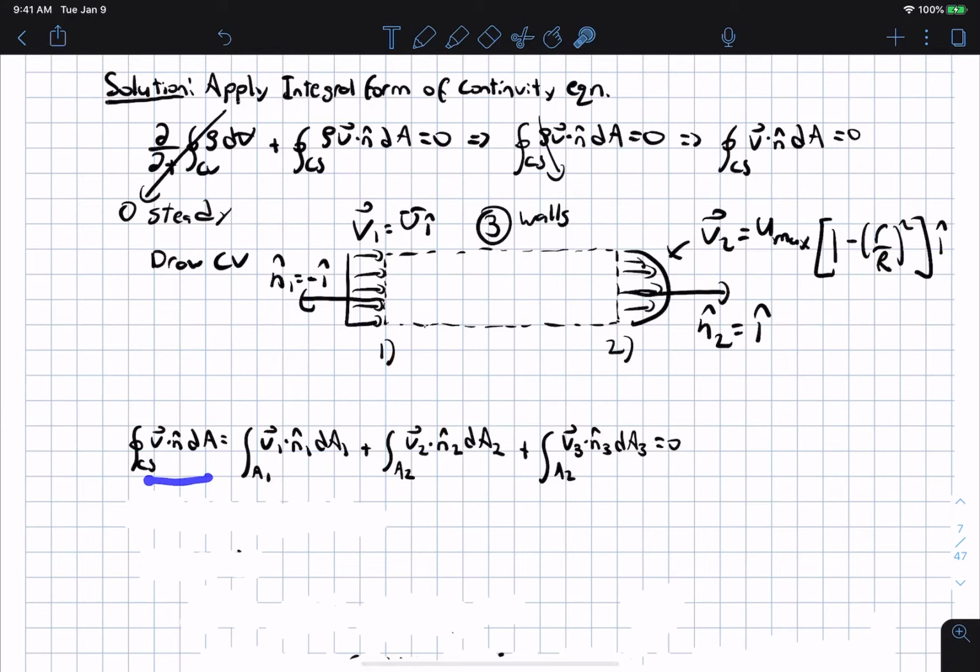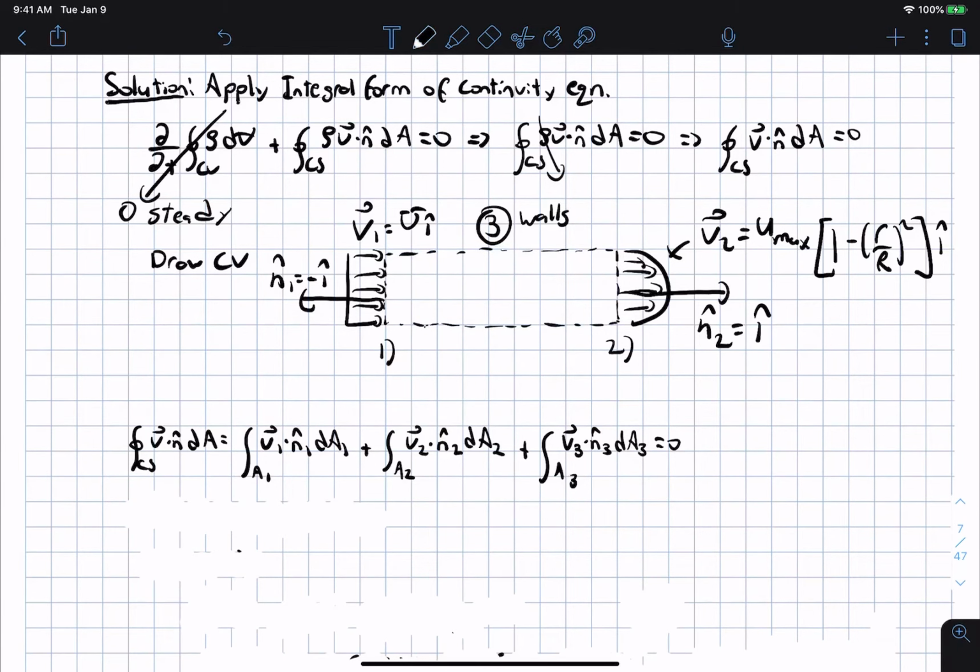First we will take the integral of v dot n hat over the entire surface, and then break it into the sum of the surface integral over all of these little pieces. This here is the surface integral over just this piece, this here is the surface integral over just that piece, and this here should be 3, not a 2. This is the surface integral over the walls.